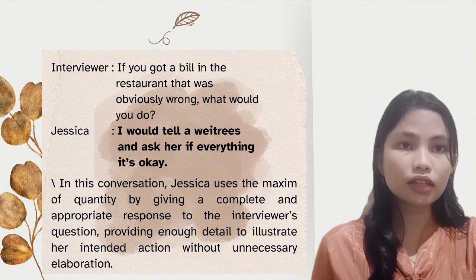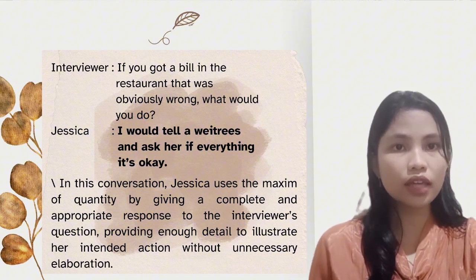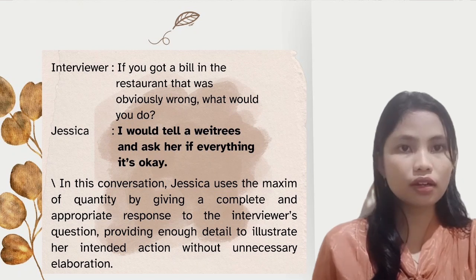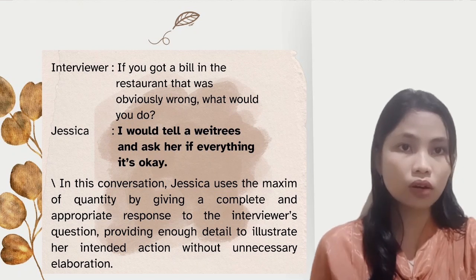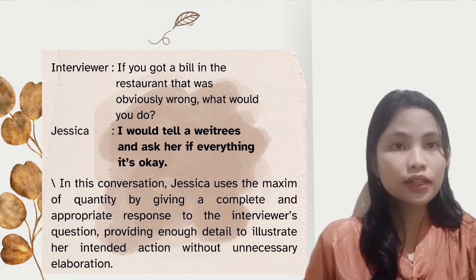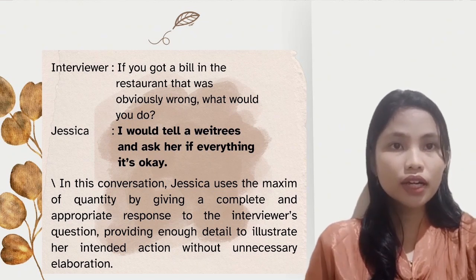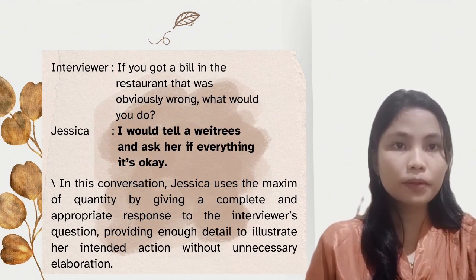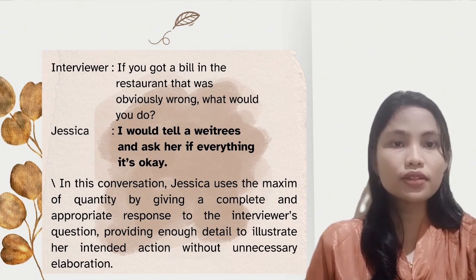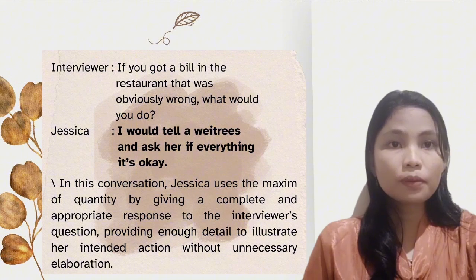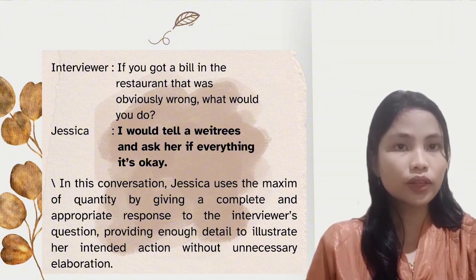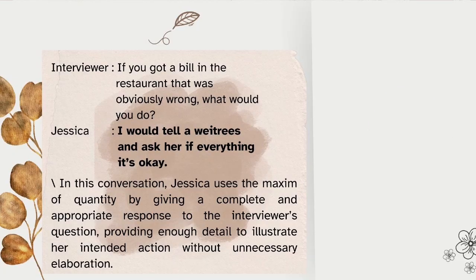By explaining that she would inform the waitress and inquire about the bill, Jessica is performing the act of making a promise or commitment to a specific course of action. In this conversation, Jessica uses the maxim of quantity by giving a complete and appropriate response to the interviewer's question, providing enough detail to illustrate her intended action without unnecessary elaboration.